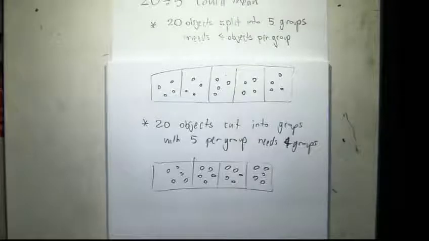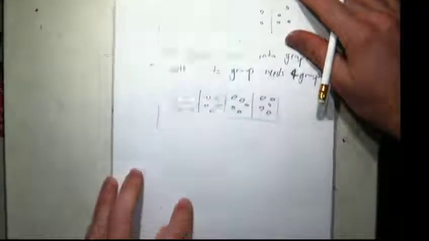And that's really important when you're trying to understand a formula, to think about what kind of division you're talking about. If I'm going to look at those 2 pictures, they're quite different. One of them had 20 objects cut into 5 groups, and there's 4 per group. The other one had 20 objects cut into groups of size 5, and there's 4 groups in total. Right, that's important, and I will come back to that.